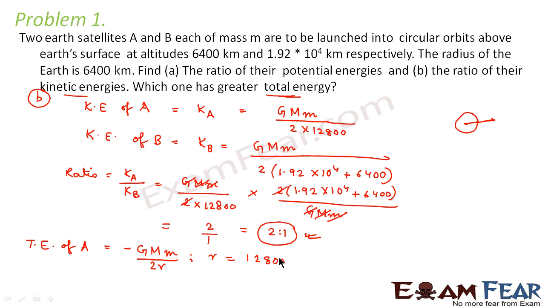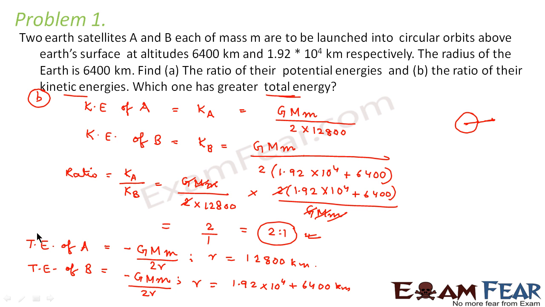This is the value of R. Okay. Now, similarly, let us write what would be the total energy of B. So we'll apply the same formula: minus G into capital M into small m divided by 2R. But in this case, R would be 1.92 into 10 to the power 4 plus 6400. So this would be the value of R.